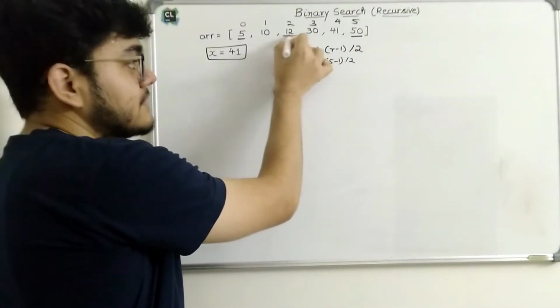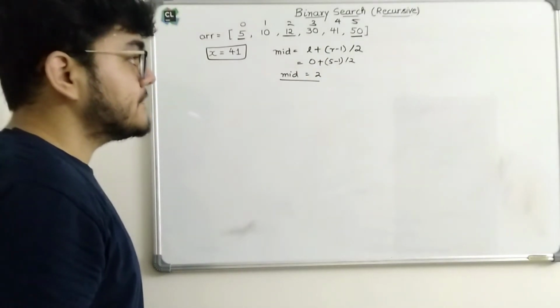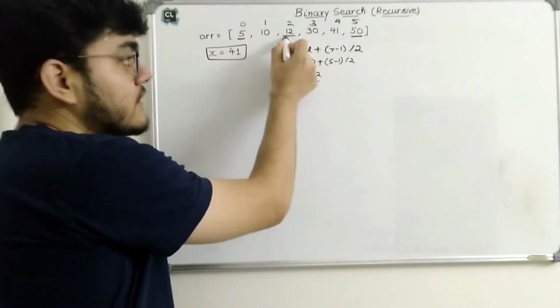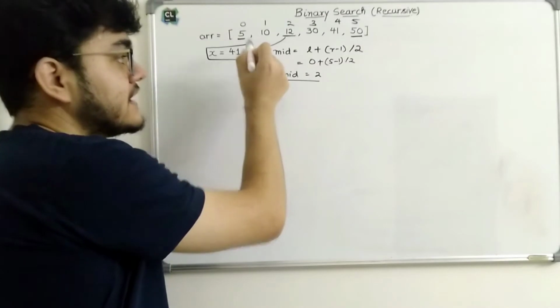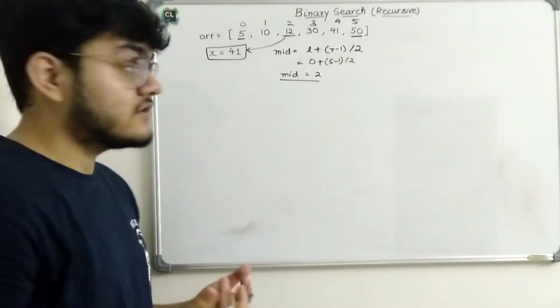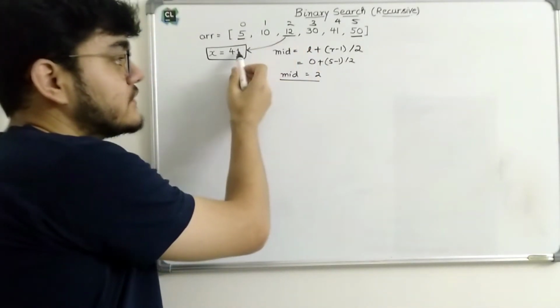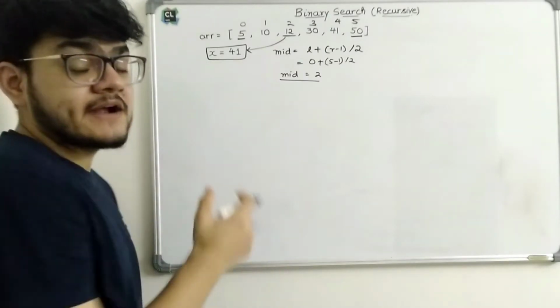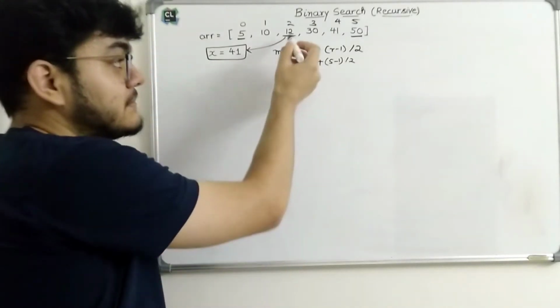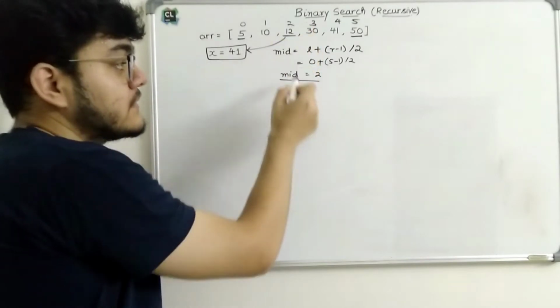So we will get this element as the middle element, and then the algorithm will compare this element with the element that we want to search. If this element is equal to the element that we wish to search for, then we are going to simply return the index of the mid.